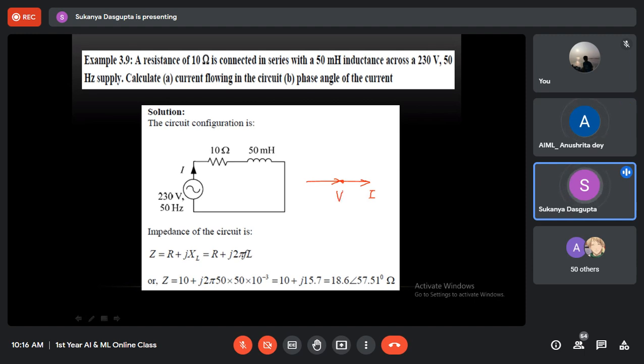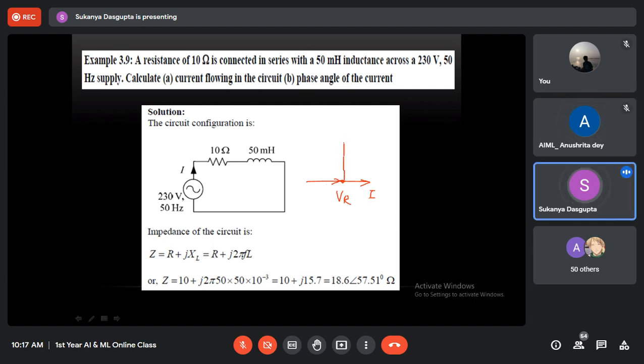No, let me complete the phasor diagram. This is the case. Understood? I is taken as the reference one. VR is in phase with I. VR is just the drop across the resistor. Now what about VL? VL will be just perpendicular, along the y-axis.